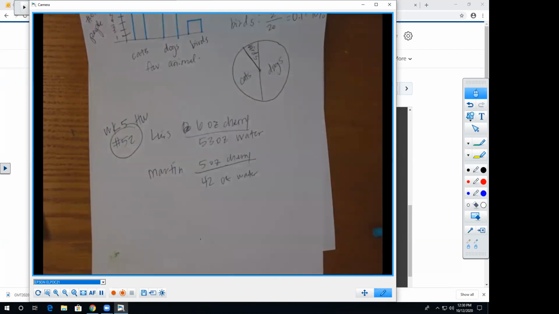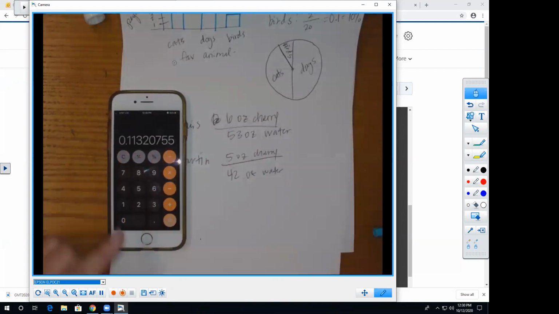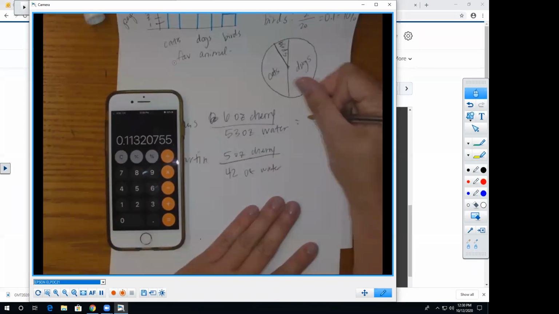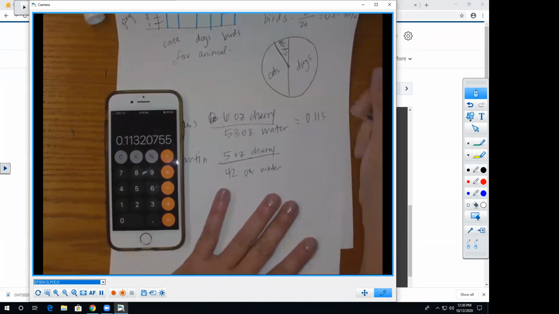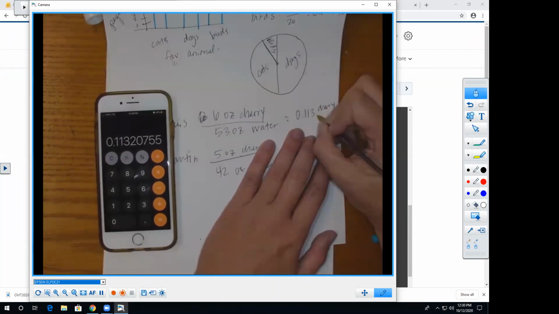So if you divide this out and get a unit rate, let's see, I'm gonna pull my calculator. So if I did 6 divided by 53, I get this decimal of 0.113, and it's that much cherry per 1 ounce of water.